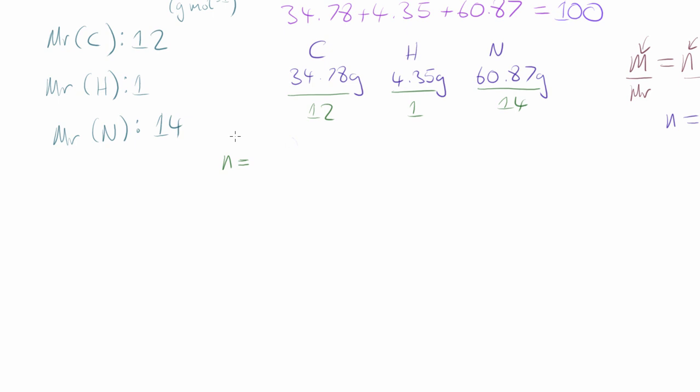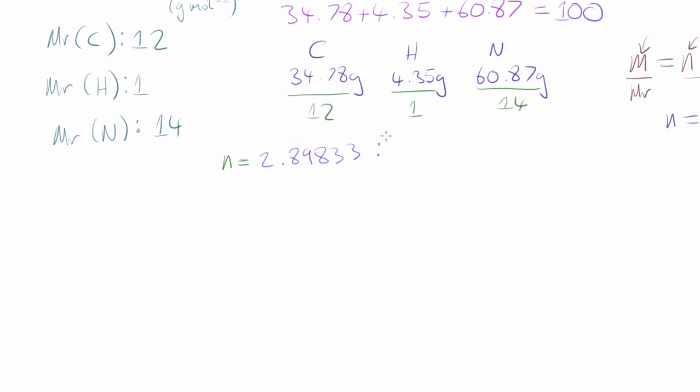Okay, so if you did that, you would have come up with, for moles of carbon, you'd get 2.89833. For hydrogen, quite clearly you would not really need a calculator.